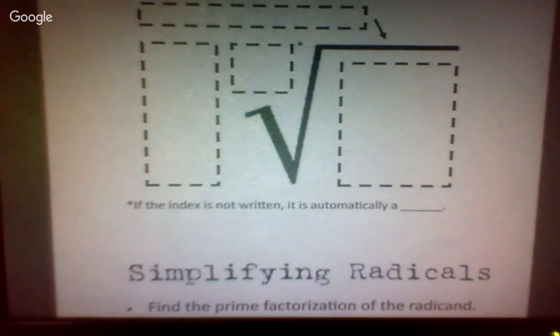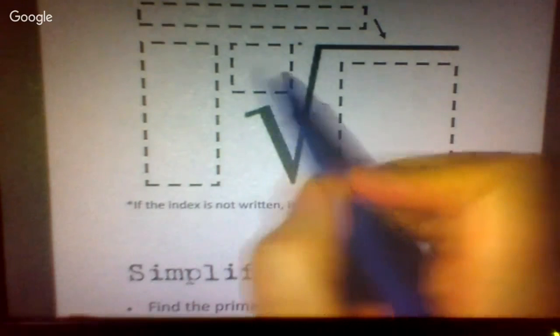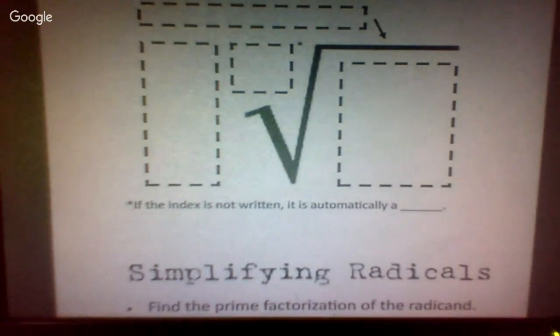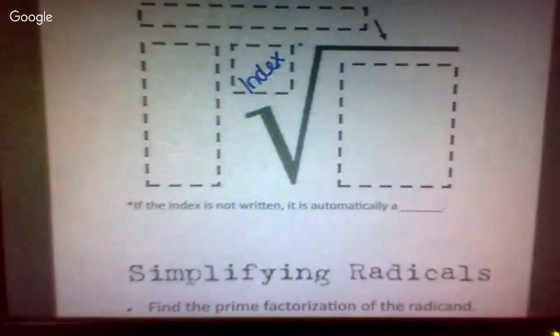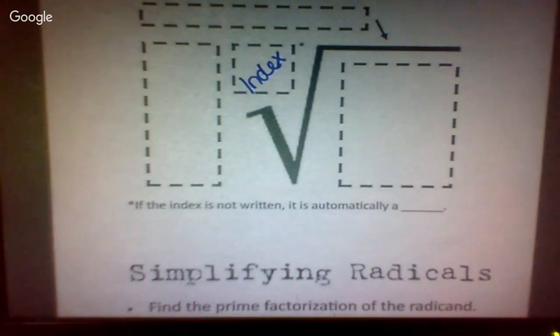We already talked about what this little number is called. The index. This is your index. Your index tells you what root you're trying to take.